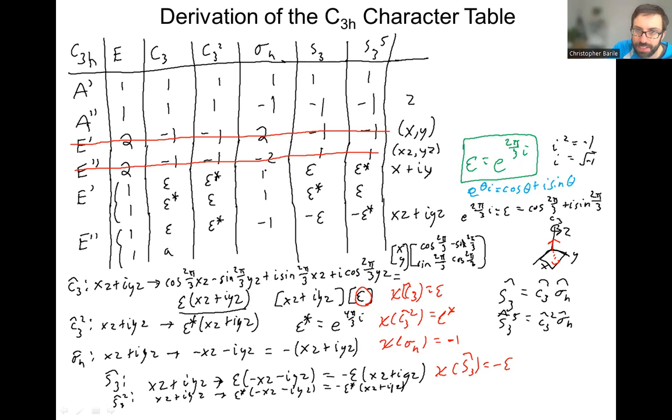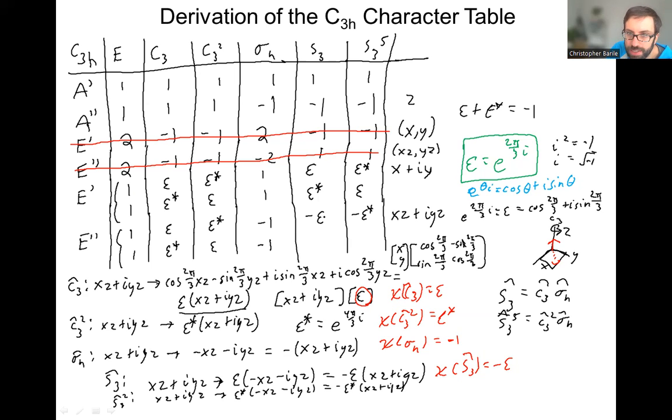We did the math last time, and we showed that basically epsilon plus its complex conjugate was equal to negative 1. So this value becomes epsilon, complex conjugate of epsilon. This becomes epsilon, just like we had before. This becomes something plus negative 1 equals what we started with, which was negative 2. Of course, negative 1 plus negative 1 equals negative 2.